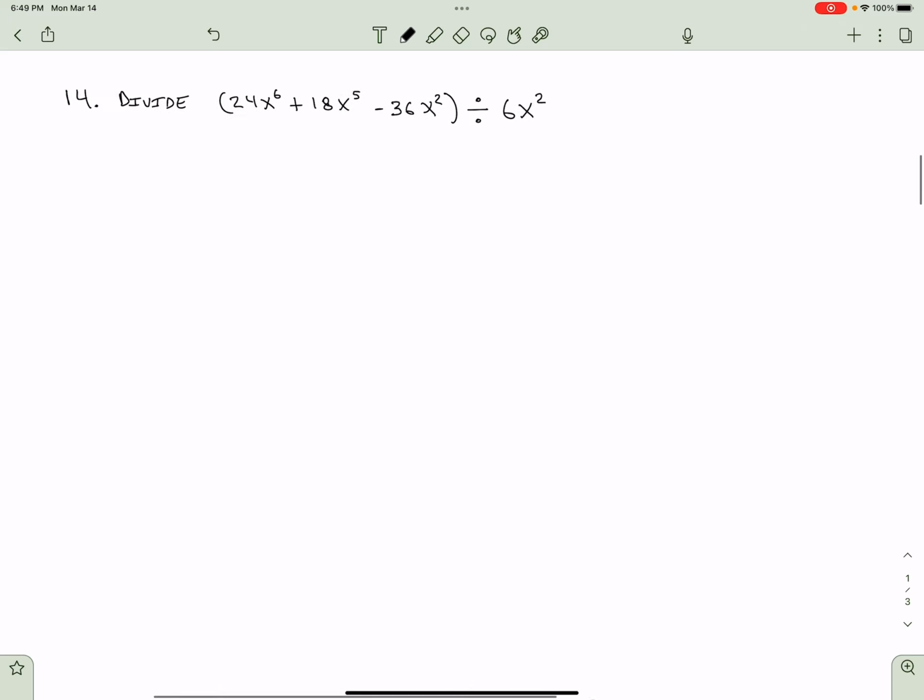Number 14. I think there were some instructions with this one that said something like placing the dividing term underneath each one of the numbers in the numerator. So what that means is we could rewrite this as a fraction.